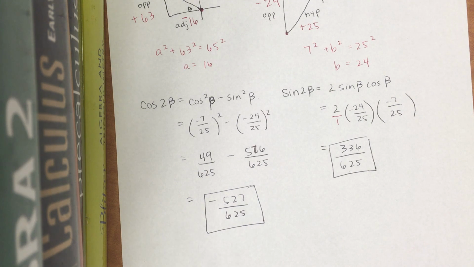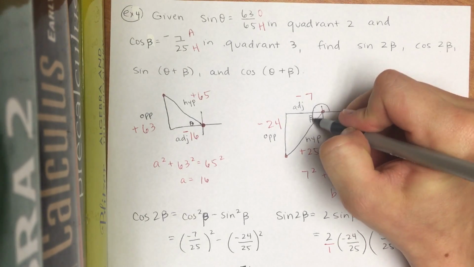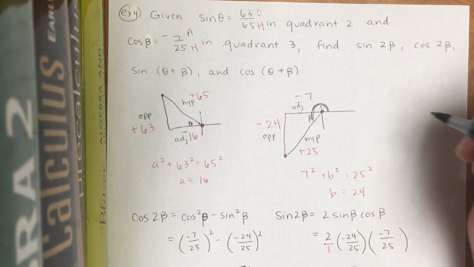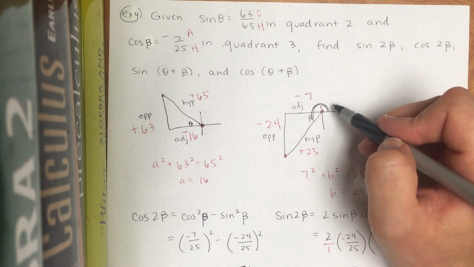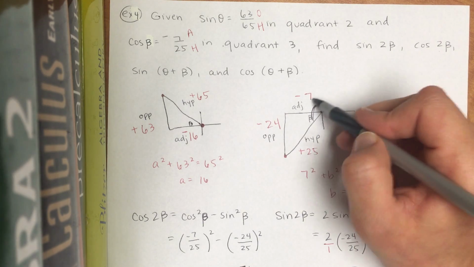Before we move on, let me mention if I wanted to know what quadrant 2 beta is in. So beta is right here in the third quadrant, but if I double that, which quadrant is it going to end up in? Probably somewhere 1 or 2.